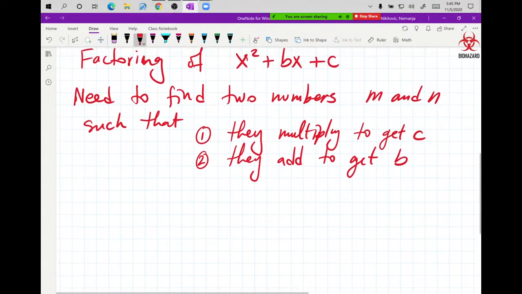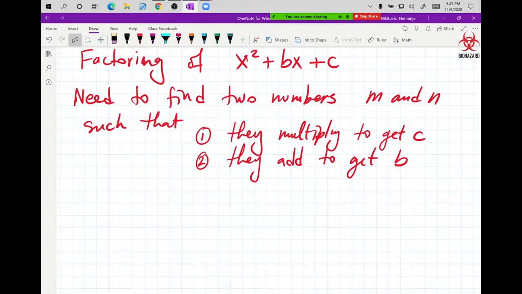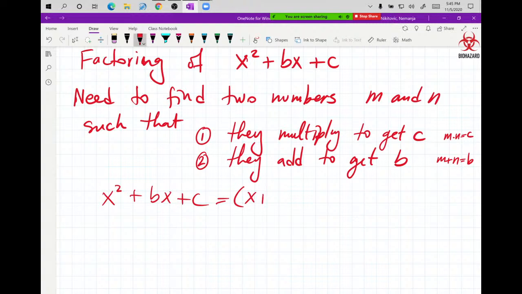So in shorthand, m times n needs to be c, and m plus n needs to be b. So if I can find two numbers where that's the case, I can write my x squared plus bx plus c as x plus m, x plus n.